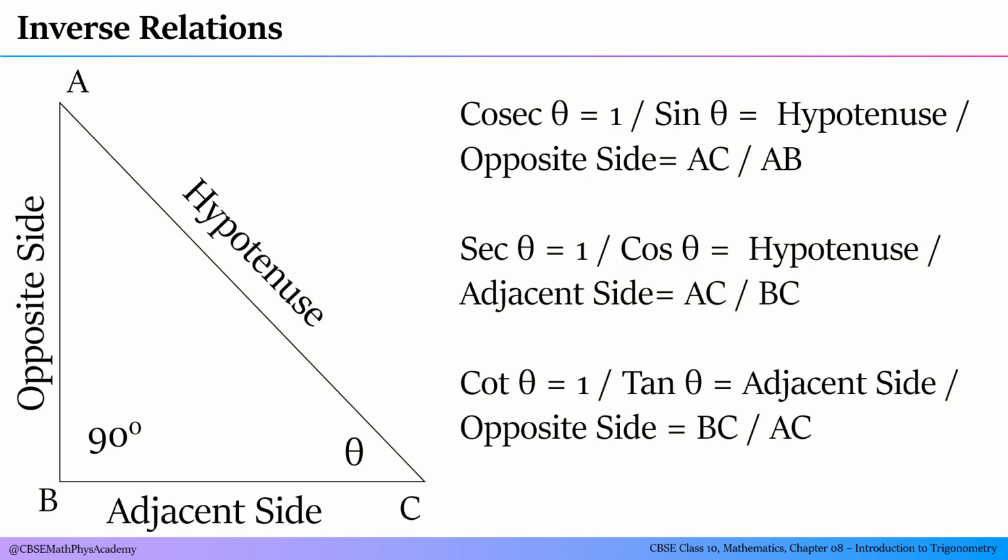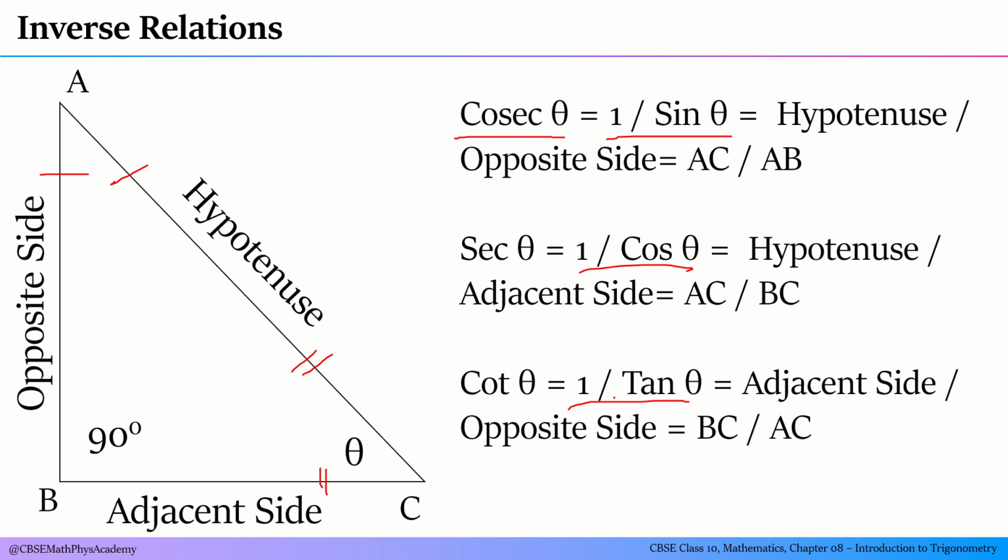Now there is something called the inverse relationship. When you take the inverse of sine theta and cos theta values, you get another set of relations. 1 by sine theta is cosec theta, which is hypotenuse divided by opposite side, AC by BC. Then 1 by cos theta is secant theta, which is hypotenuse divided by adjacent side, AC by BC.